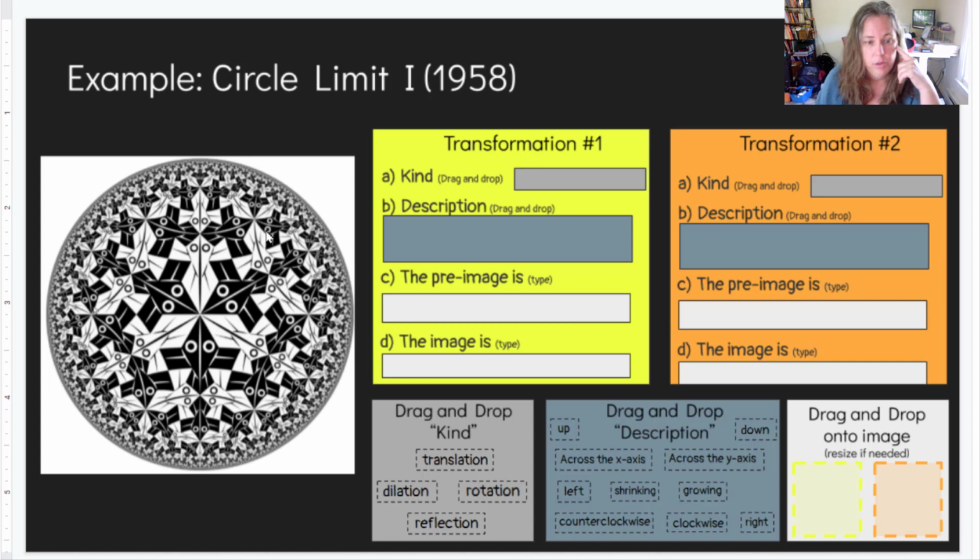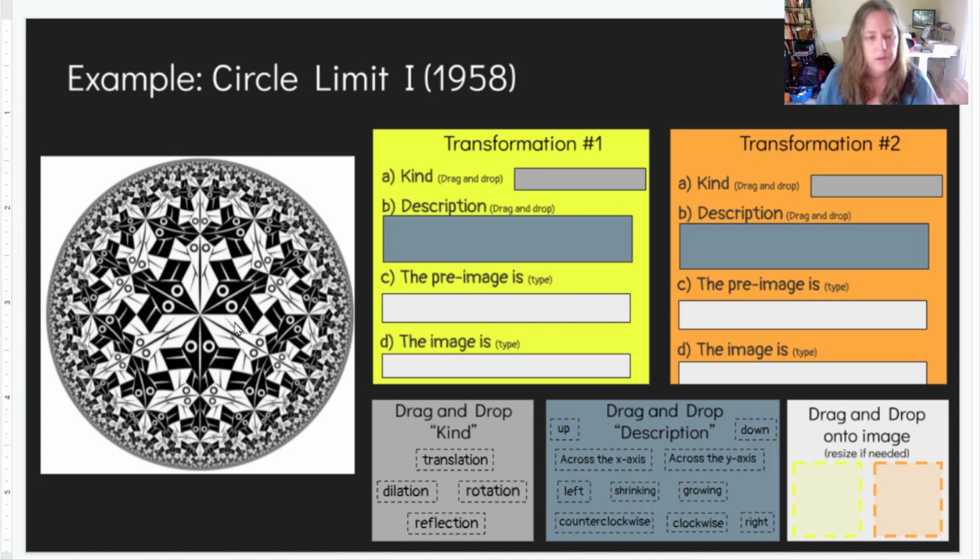So you can see here on the left side of the slide we have this piece of art that's called Circle Limit. And then you will have these 5 boxes over here, and we're going to talk about what to do with those boxes. The first thing that you're going to do when you get to a new slide is read the title, Circle Limit 1, 1958, and then look at the artwork.